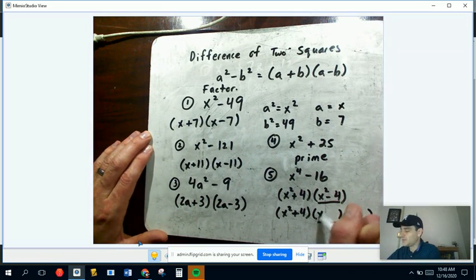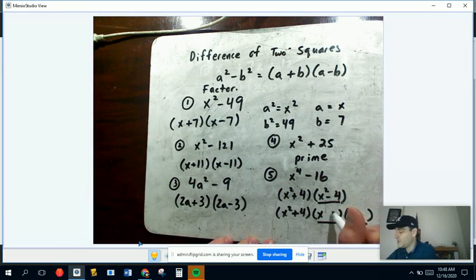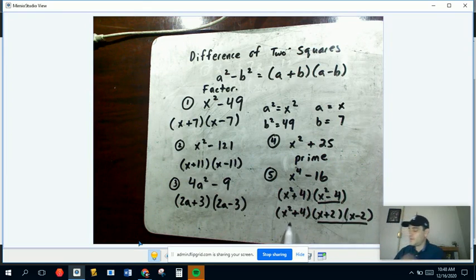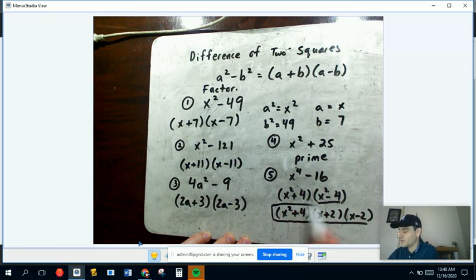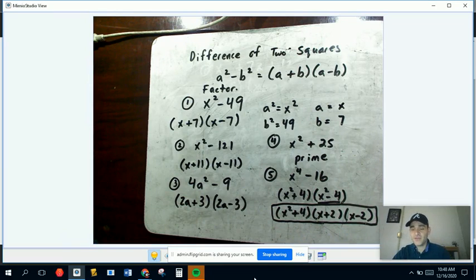That would, again, be x and x. What times itself makes 4? That would be 2, wouldn't it? And notice that the power on each of these is x to the 1st. But this would be the complete factorization. And sometimes you'll see the instructions say factor completely. That adverb completely implies that sometimes you can apply a factoring pattern more than once. Okay, that's the difference of two squares.